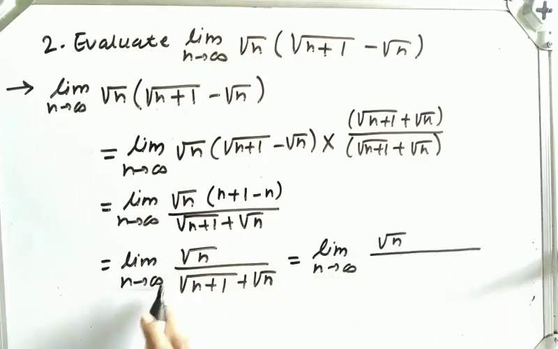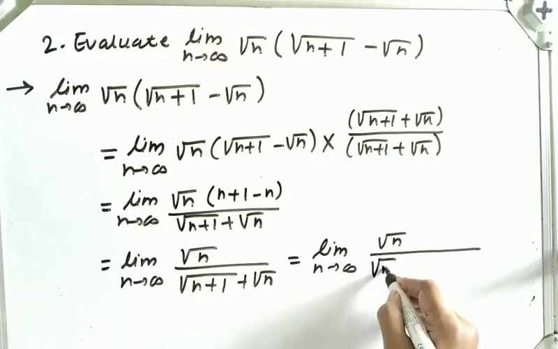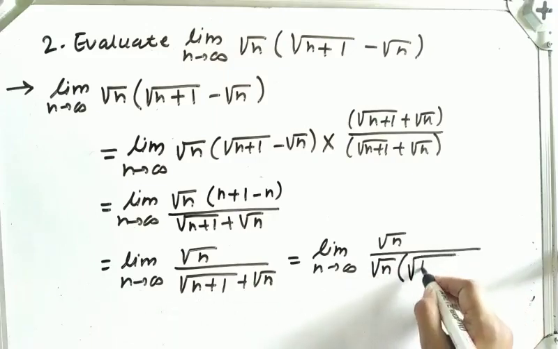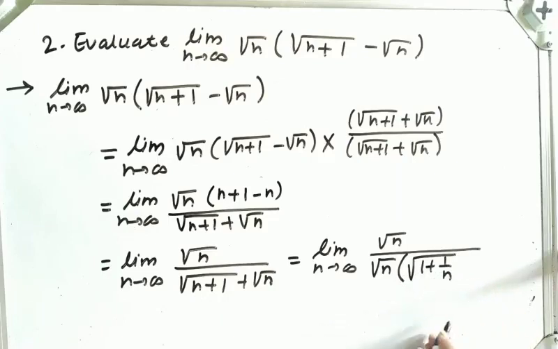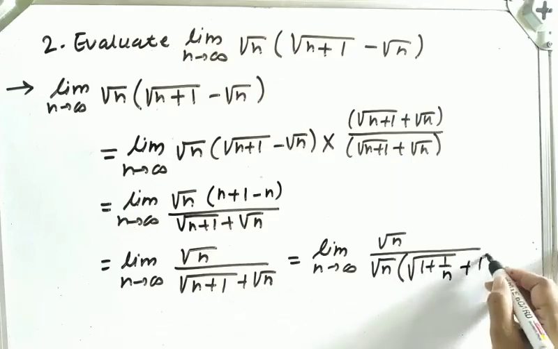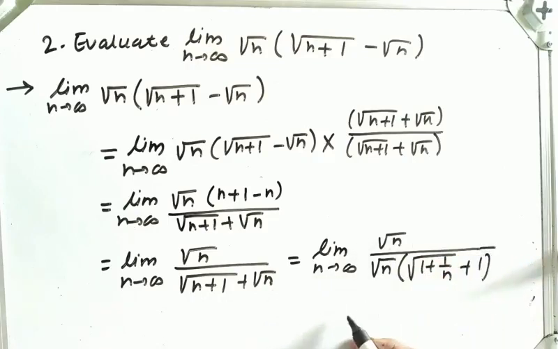From the denominator, we take root n common, meaning from here we have to take n common. So after taking n common and taking it outside, root n, here will be in square bracket 1 plus 1 upon n, and after taking root n common, here will be only 1. Okay. Root n will get cancelled.